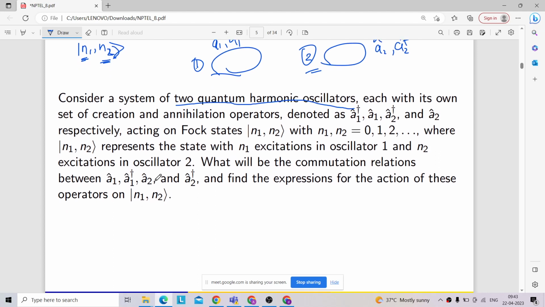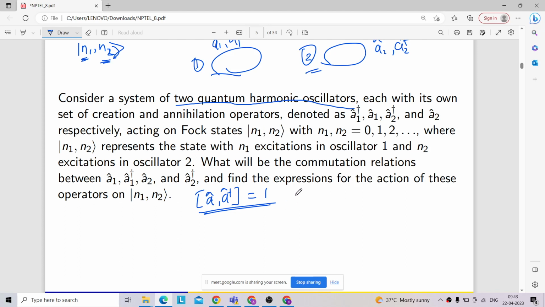So what will be the commutation relations between these operators? As in the previous question, I stated the relation between creation and annihilation operators: the commutation relation between A and A dagger will be 1, right? Now here there are two different systems and they are independent. They won't impact one another.